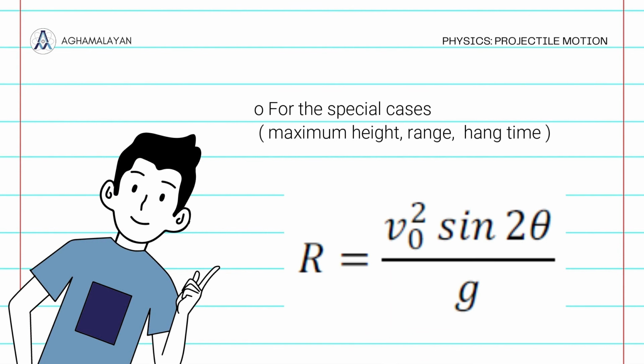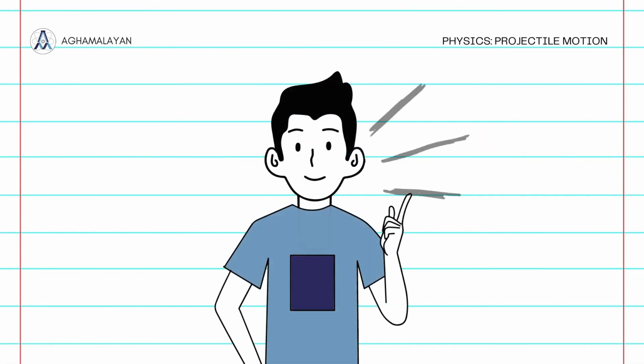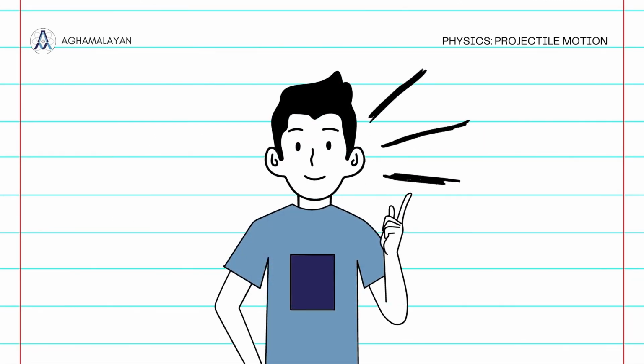While for the range, there would be a 2 beside the numerator. That's why the 2 in the denominator will disappear. And that's pretty much my tips for memorizing the equations. At the end of the day, it's up to you how you memorize it, but that's just my suggestion on how I personally memorize the equations.